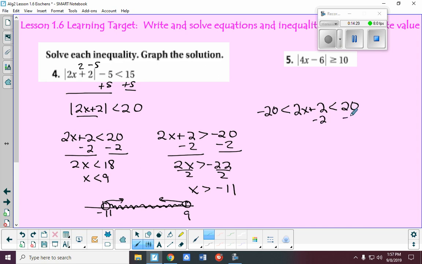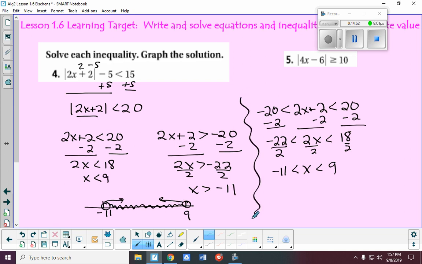And then when you solve, you have negative 22 is less than 2x, which is less than 18. So negative 11 is less than x, which is less than 9. There again, that shows you your range right here. So both ways here will work.